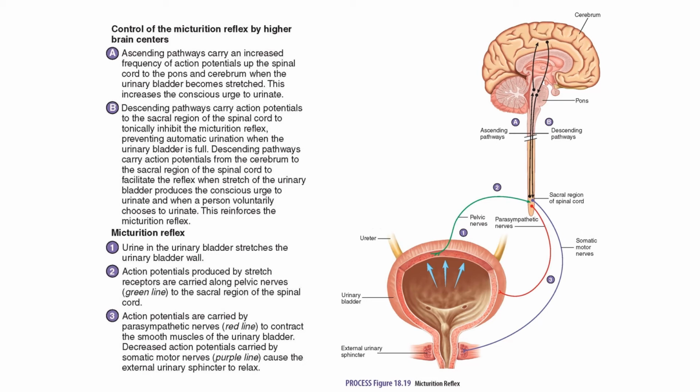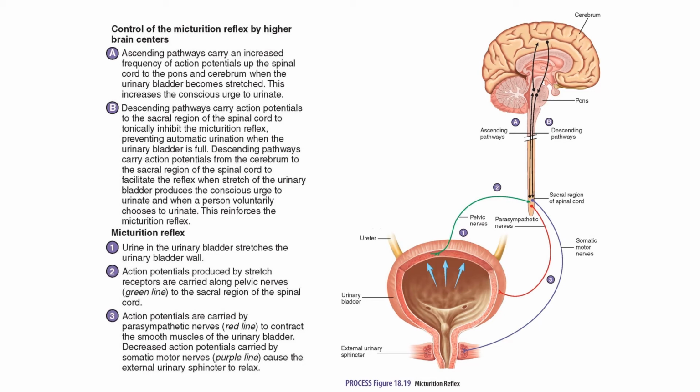On the other hand, you have your descending pathways which carry action potentials to the sacral region of the spinal cord. And tonically, it inhibits the micturition reflex, so preventing automatic urination when the urinary bladder is full.